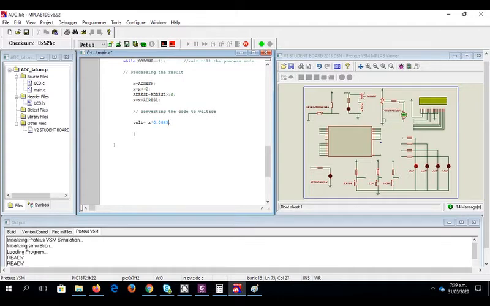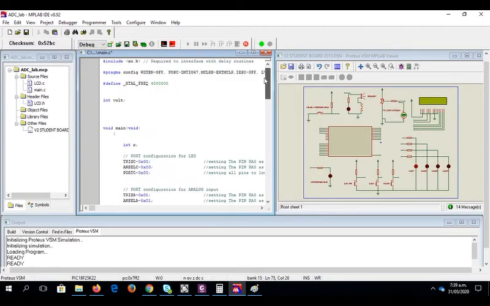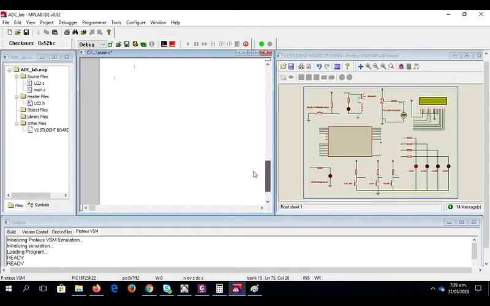Now if you multiply this, I have declared the variable volt as an integer, right? But whenever you multiply with this one, the result will be a floating point. So I need to force it to become an integer value by using type casting.